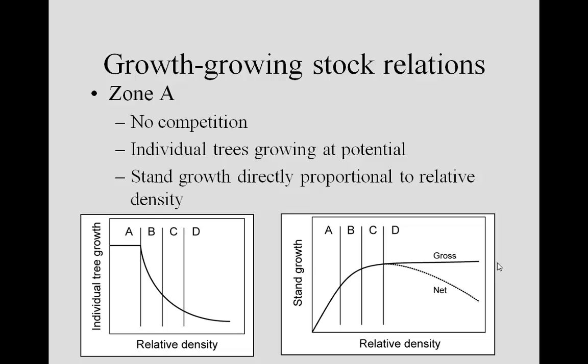The tree is there, and it's never competed a day in its life. Very, very low relative density, and the current annual increment for that tree is as good as it can possibly be for this species, site, and age, 25 years.